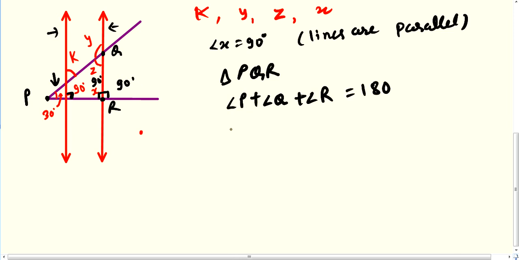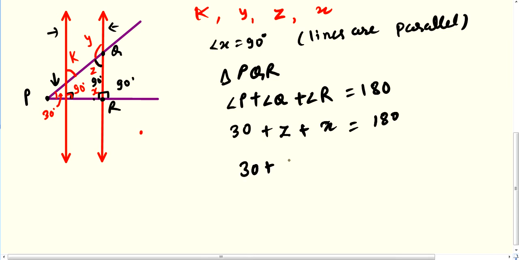Angle P is given 30 degrees, so write 30 degrees. Angle Q that you have to find is given to us as Z, so I will write this as Z, plus angle R. R is X here, so I will write X equals 180 degrees.